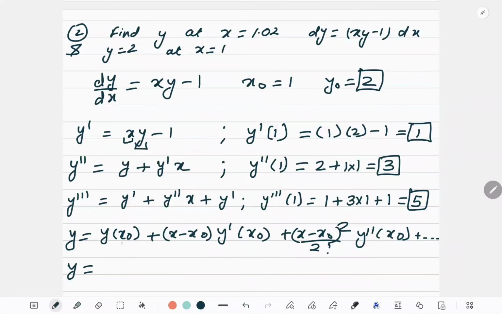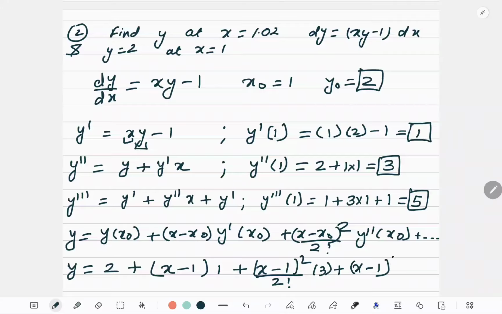So y is equal to y x0, how much did I get? y x0 is 2 plus x minus 1 y dash x0 is 1 plus x minus x0 square upon 2 factorial y double dash is 3 plus x minus 1 cube upon 3 factorial 5 plus and so on. So this is how I got the series.